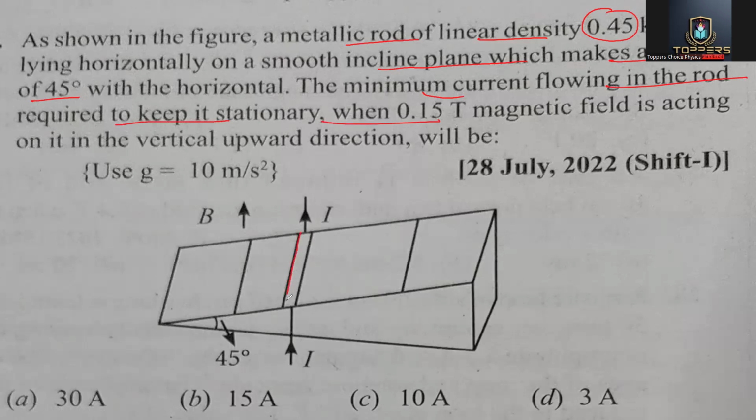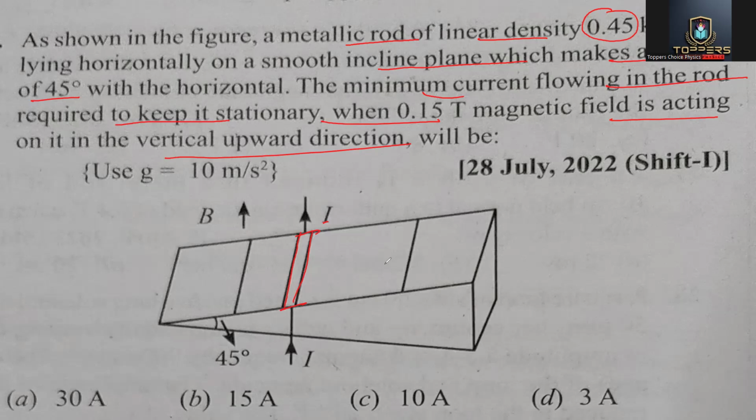This rod, they want to keep it stationary. So what will be the current flowing in this particular loop? Magnetic field is acting vertically upward.